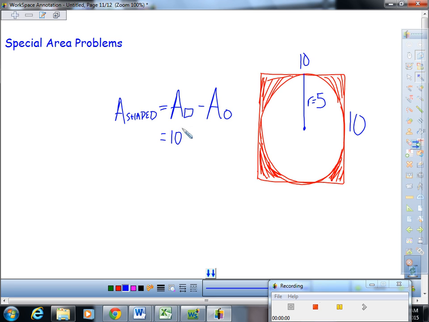So it's 10 squared. That's why they call it squared. Oh, amazing. Minus pi times 5 squared. And you would best write this as an exact answer. 100 minus 25 pi. Alright, and that is your introduction into area.